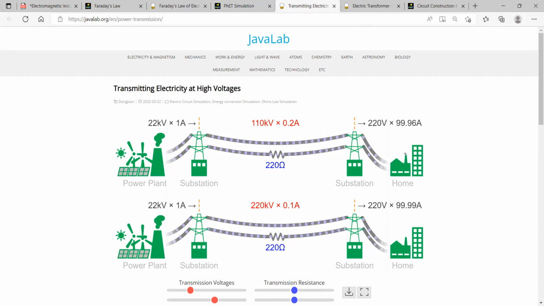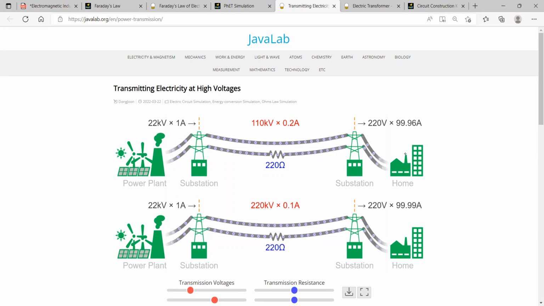On the right hand side, we step down to 220 volt, and before it moves to our house, we step down one more time. Normally our outlet power voltage is 110 volt. So you see that when the voltage is higher, the current is lower. When the voltage is lower, the current is higher.